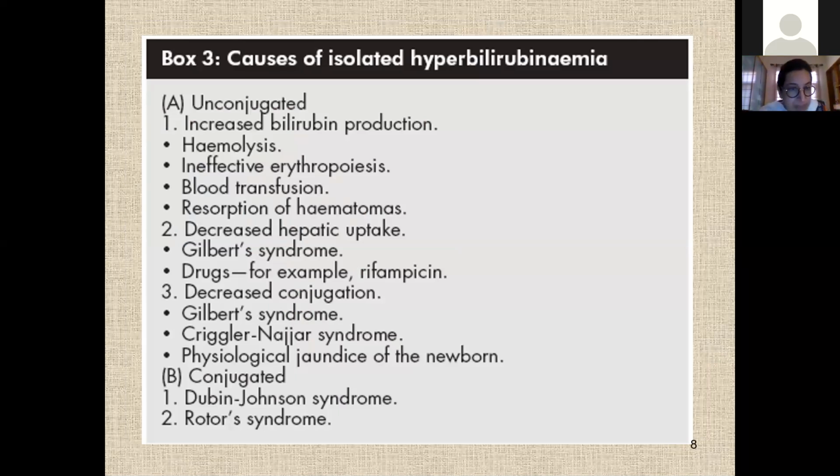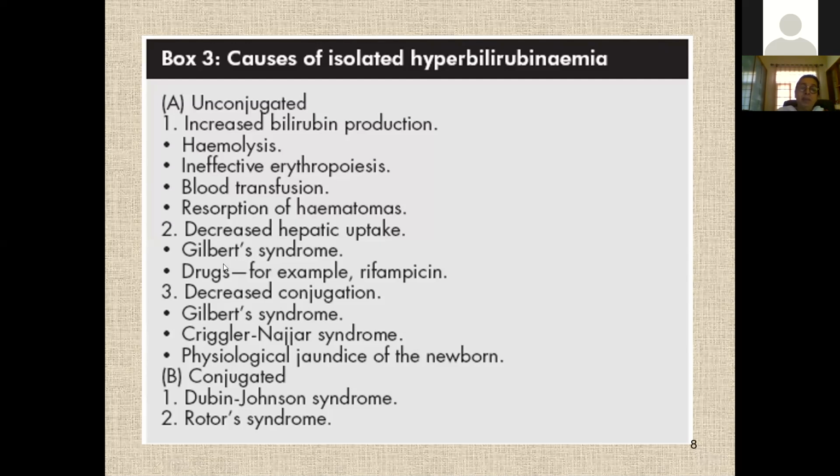So what are the causes of isolated hyperbilirubinemia? We divide into two, unconjugated and conjugated. Most of the causes are because of raised unconjugated bilirubin, in which there is ineffective erythropoiesis and hemolysis. So if there is a bilirubin increase, you have to think of hematological disorders as well. Blood transfusion, if the person has received more than 4 blood transfusions in a single day, then it can cause increased bilirubin.